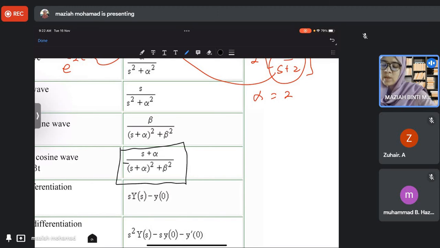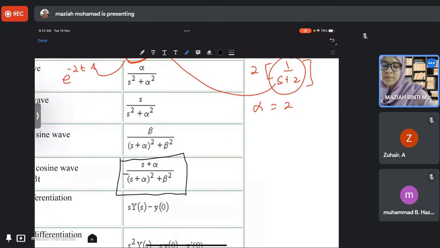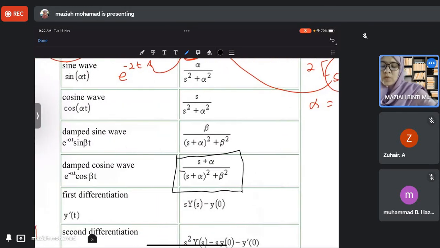Plus alpha squared plus beta squared. Sine cos.